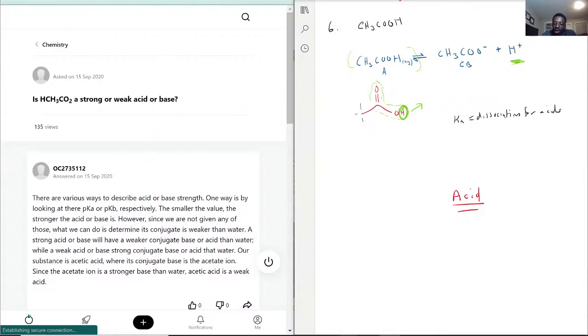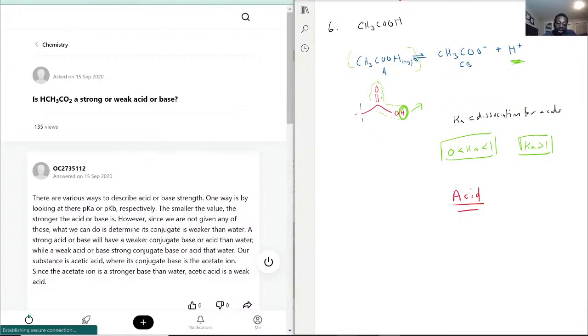And we actually have barriers for how we figure that out. For Kas that are between 0 and 1, these are what you consider relatively weak acids. And for any Ka greater than 1, this is what you define as a strong acid. So we now have 2 barriers for what we are looking for in terms of the Ka.